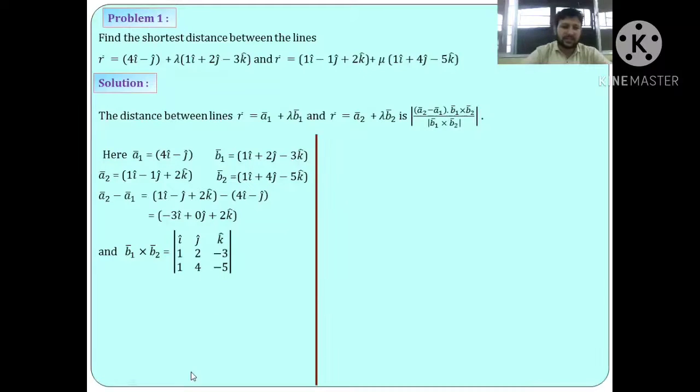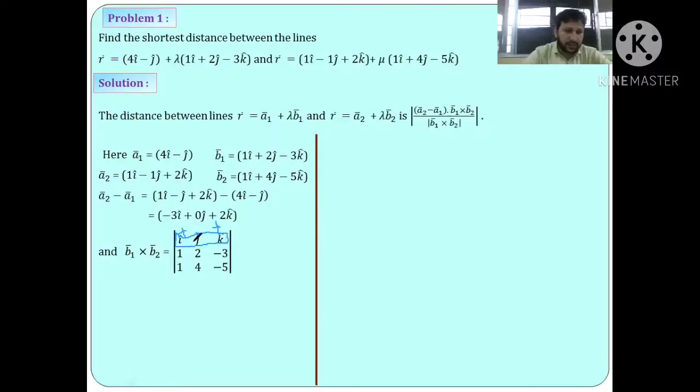Now solving this determinant along the first row. Selecting the first row elements i, j, k as per position, the first is positive, second negative and third positive, alternating plus and minus signs. For i, eliminate the corresponding row and column; the remaining 4 entries you already know how to solve: minus 10 minus minus 12, that is minus 10 plus 12, you get 2 times i cap.